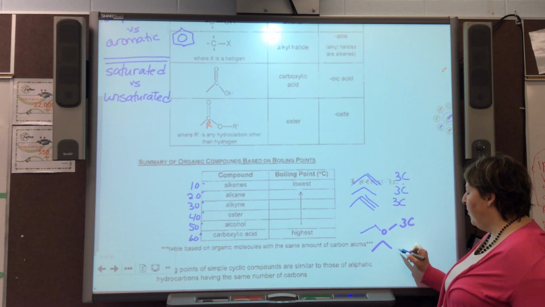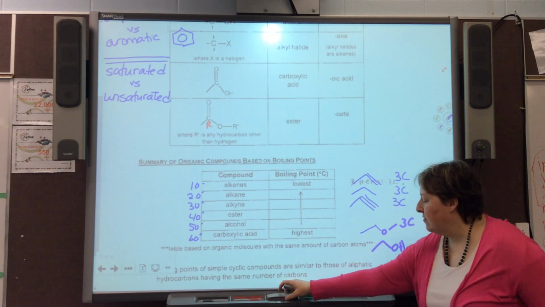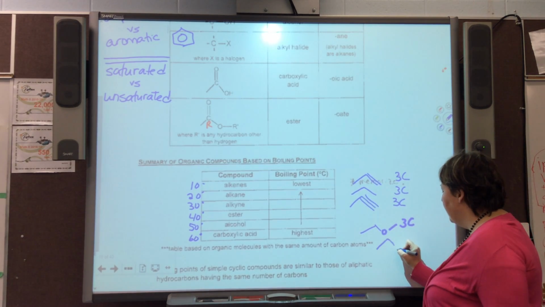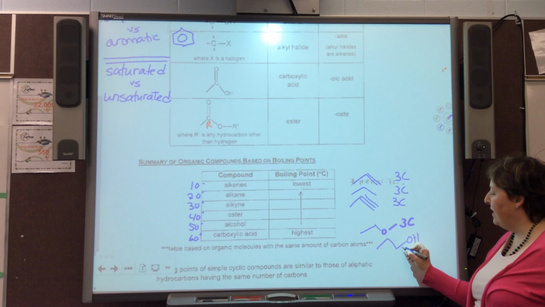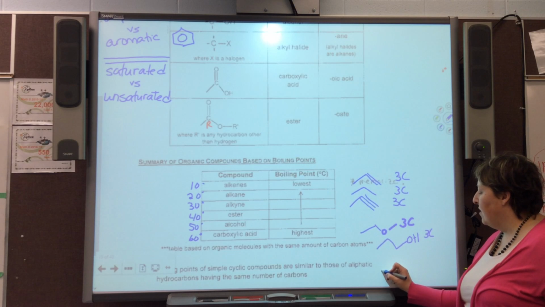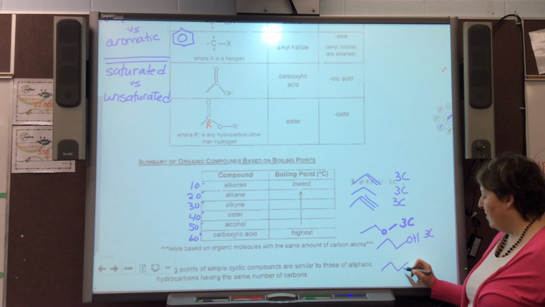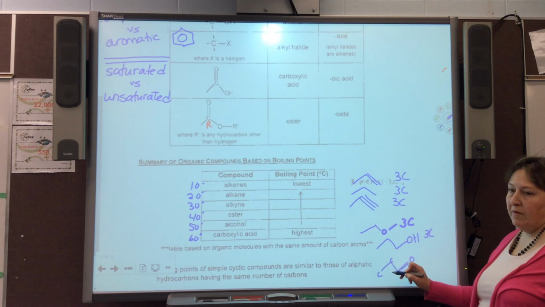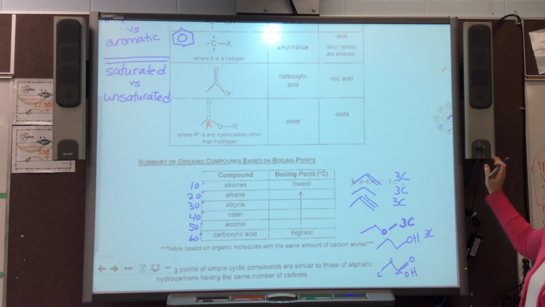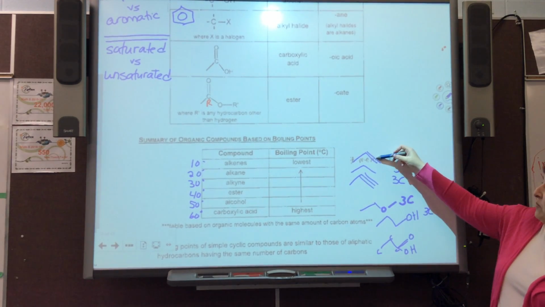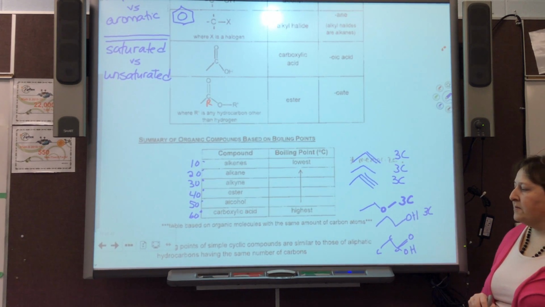An alcohol, propanol. Propanol, you have to remember to do the bond line, so 1, 2, 3 carbons still. And carboxylic acid: there's still a carbon here, a carbon, and a carbon. So there's still 3 carbons in each one of those. This has the lowest boiling point, and this has the highest boiling point. Okay?